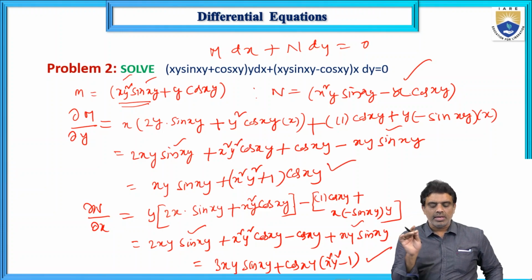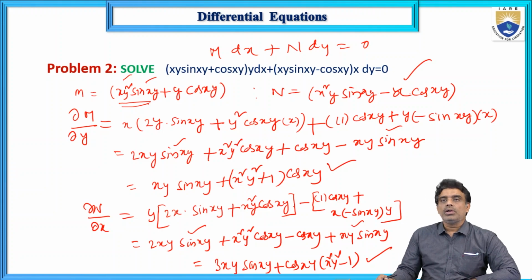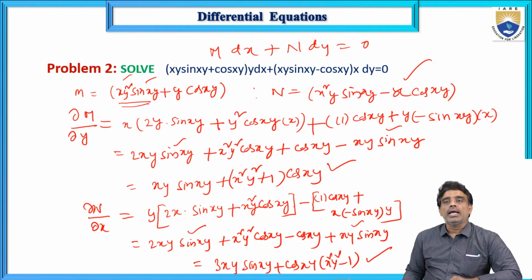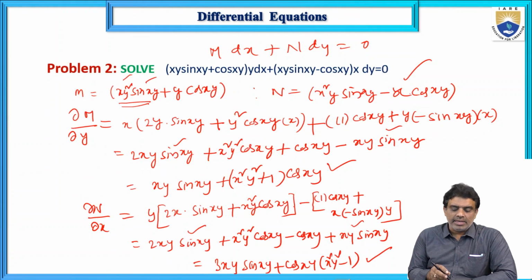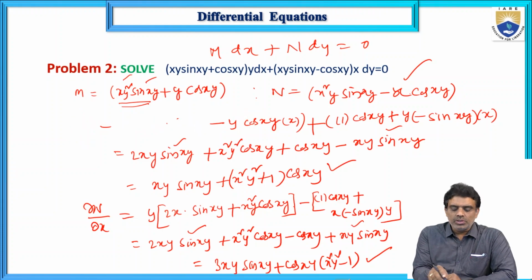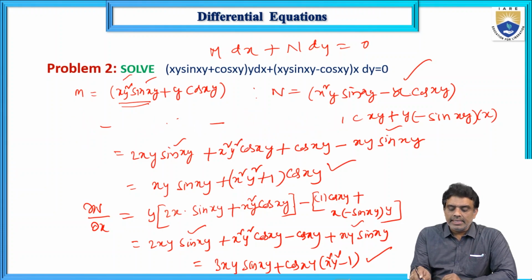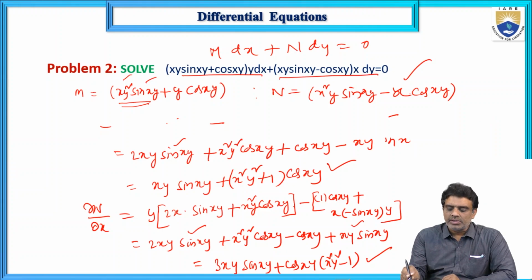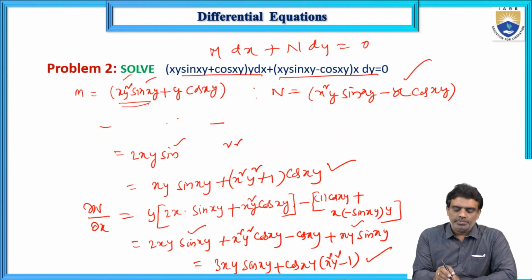Clearly these two are not equal. These two are not equal means what? The equation is not an exact equation. So if it is not an exact equation, what to do? See the form. What is the form? It is in the form y into f of xy dx plus x into g of xy dy is equal to 0.